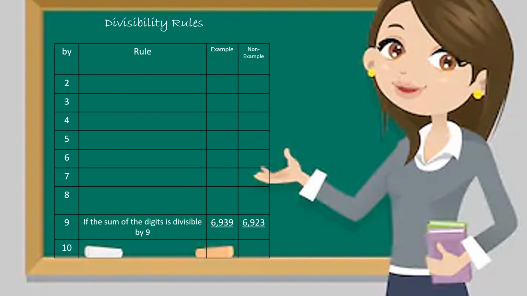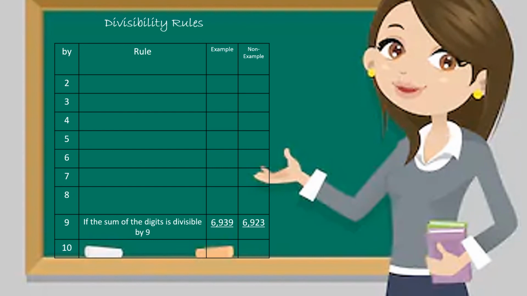So the answer is 6 plus 9, that is 15, plus 3, that is 18, plus 9, that is 27. 27 is divisible by 9, so yes, 6,939 is divisible by 9. Let's go to the next example, which is 6,923. I-add natin yan. 6 plus 9, that is 15, plus 2, that is 17, plus 3, that is 20. Now, 20 is not divisible by 9, so 6,923 is not divisible by 9.